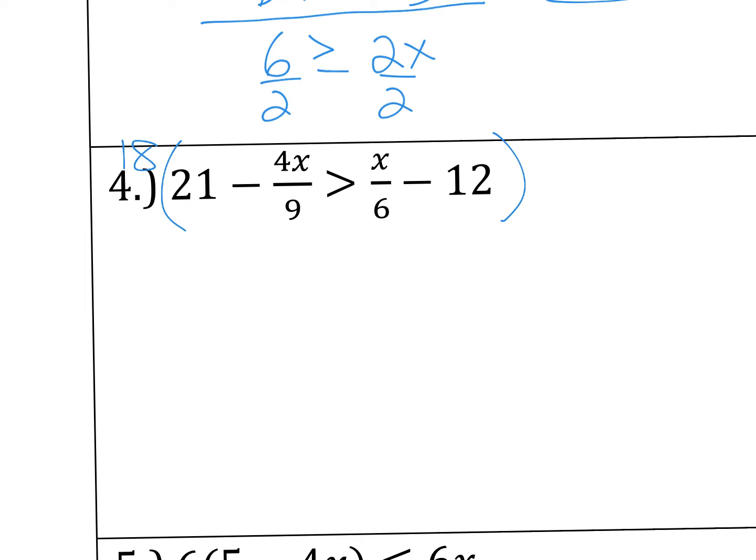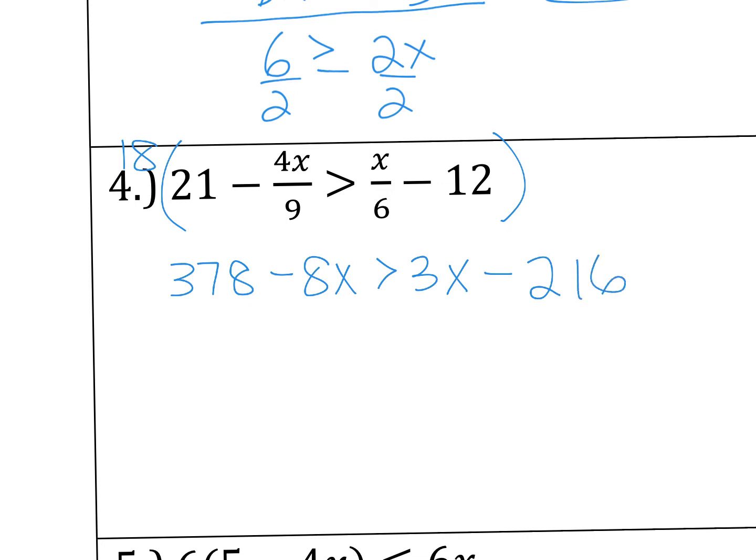So I'm going to start with 18 times 21, which is 378. 18 times 4 divided by 9 is 8, so minus 8x. And then 18 divided by 6 is 3x. And then 18 times 12 is negative 216.